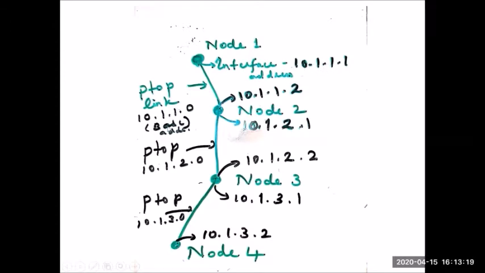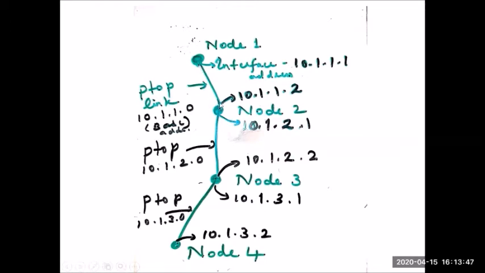So the first 3 bytes, 10.1.1, will remain the same. We shouldn't change that. That is decided by a mask. Anyway, for now you understand, we don't change the first 3 bytes. We change only the last byte. The first number after 0 is 1, and that is allocated to the first interface, which is present in node 1.